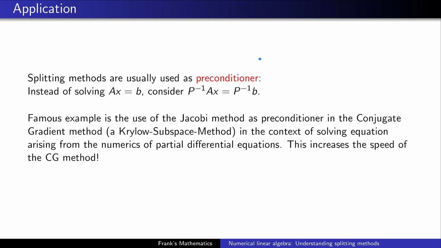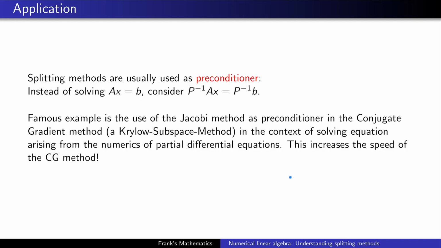So we reformulate the system, and again, P should be chosen as above as a good approximation of the matrix A. A famous example is, for instance, the use of the Jacobi method as a preconditioner in the conjugate gradient method in the context of solving equations which come from the numerics of partial differential equations. The matrix there has a very specific form, which makes it very suitable for preconditioning, for instance, with the Jacobi method.